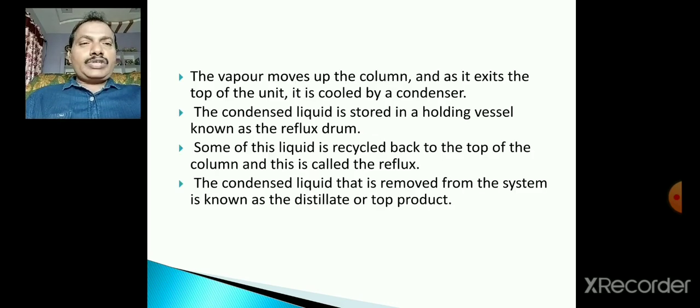The vapor moves up the column, and as it exits the top of the unit, it is cooled by the condenser. The condensed liquid is stored in a holding vessel known as the reflux drum. Some of this liquid is recycled back to the top of the column, and this is called the reflux. The condensed liquid that is removed from the system is known as the distillate or top product.